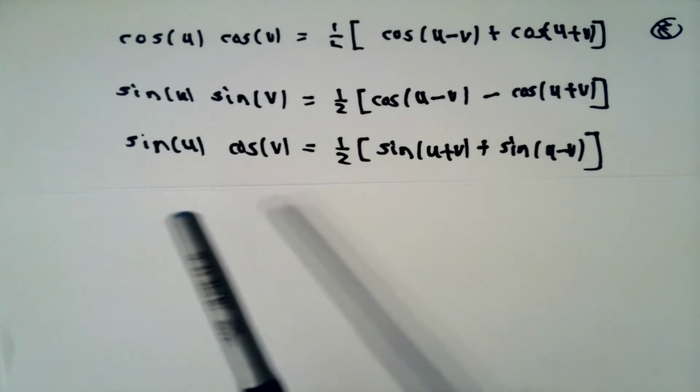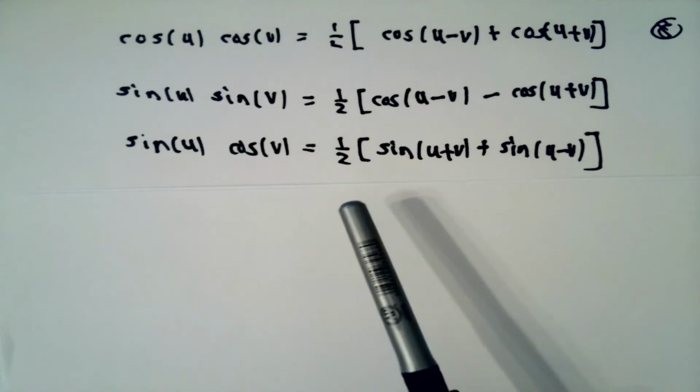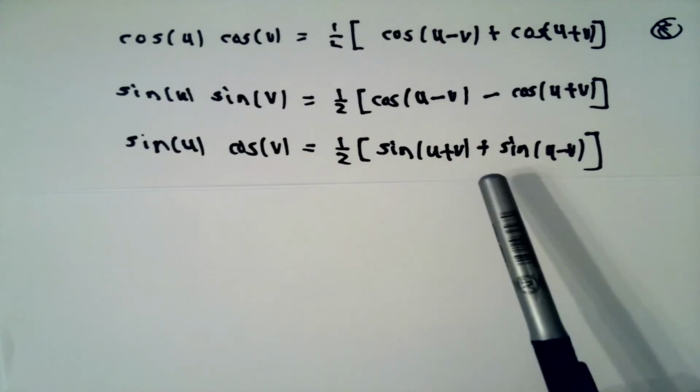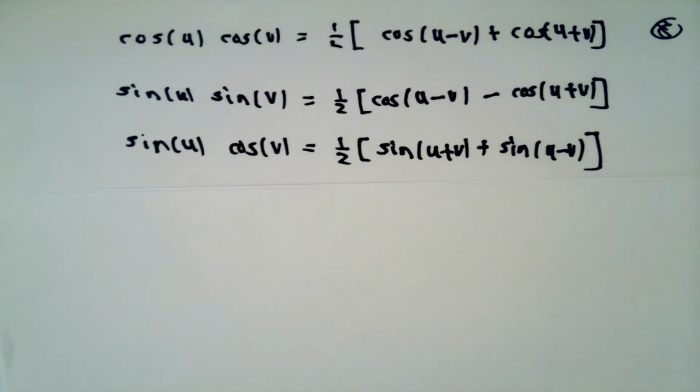And sine u cosine v is 1/2 times the sine of u plus v plus the sine of u minus v. Since sine times cosine is the same as cosine times sine, we don't need another formula. 3 will do.